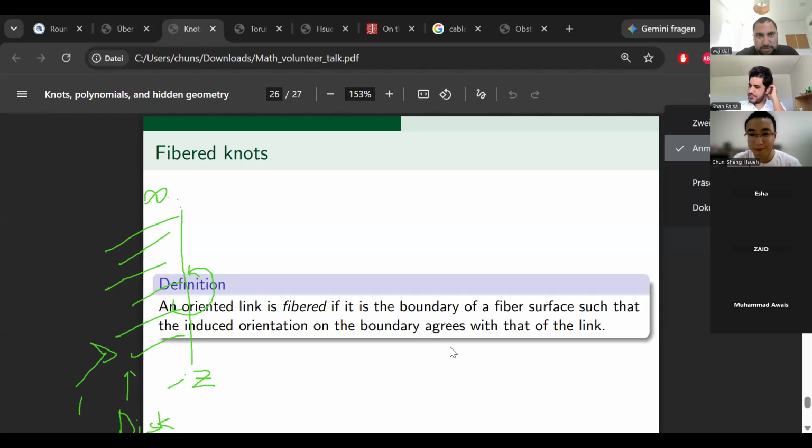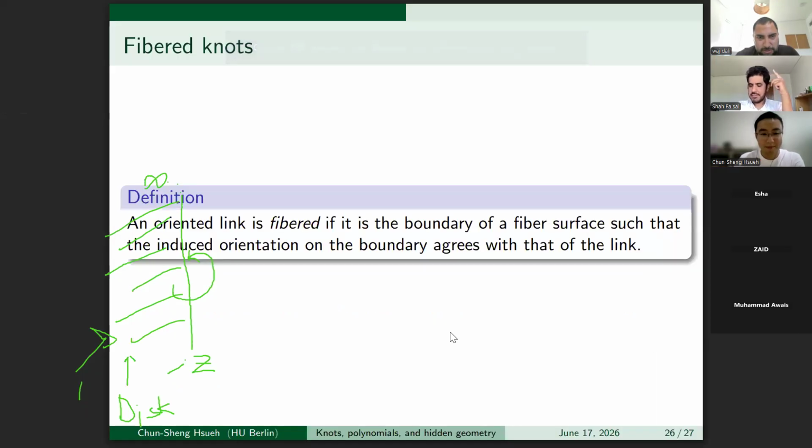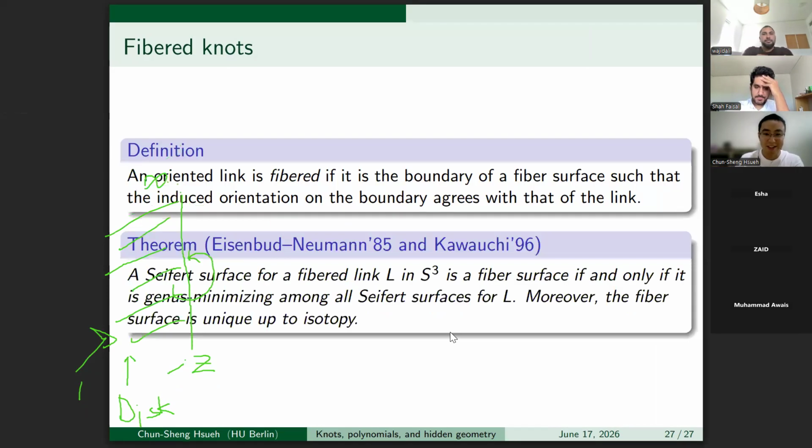I have one question. For a given, let's say, knot, can you find these fibrations, or is there one with different genus of the pages for the same binding? Very good question. This theorem should at least answer part of your question.